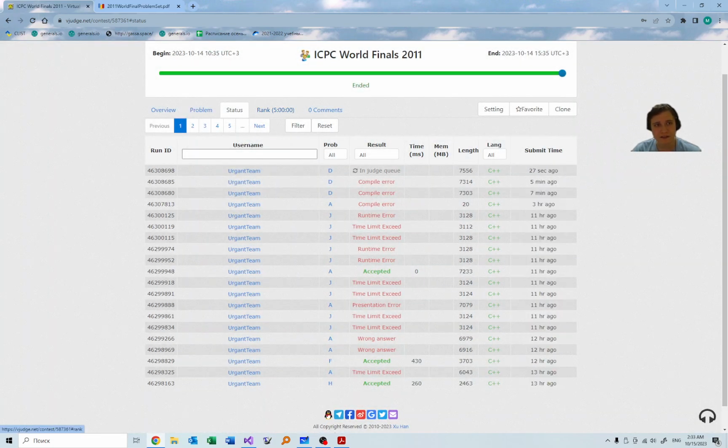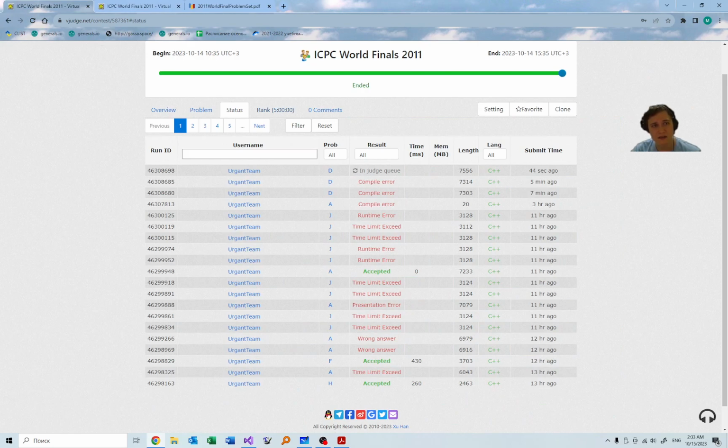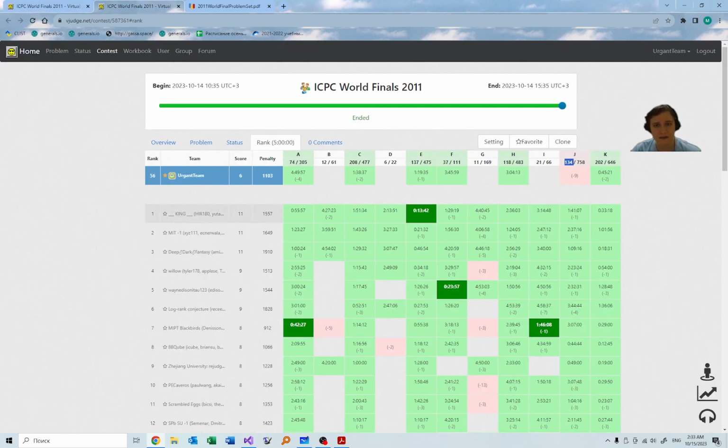No, not favorite. We kind of sucked during the finals. See? Like 56th place is not good. It's really not good. And we didn't solve problem J, which was solved by 134 teams. This is not nice.